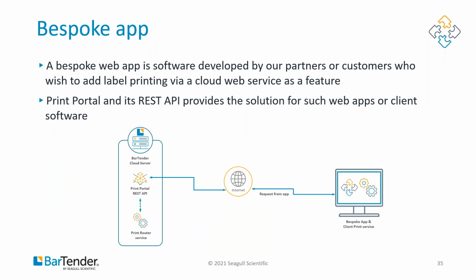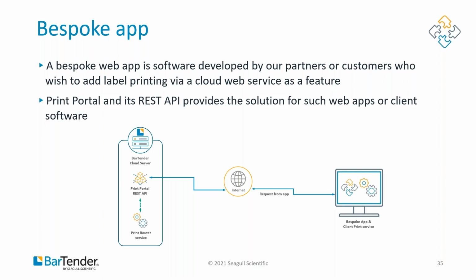So with the REST API, it's well suited for use with pre-existing ERP type software, particularly if it's running in the cloud, but also for bespoke apps, either running as a web application, but also on the client side as well.